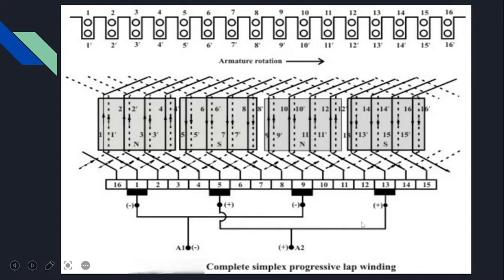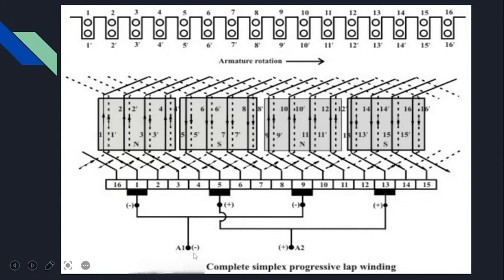You may be having 4 brushes, 1, 2, 3, 4, but whatever the voltage we are collecting at the end will be across only 2 terminals. Both the positive terminals will be shorted together and taken as one terminal, and both negative terminals will be shorted together and taken as another terminal.